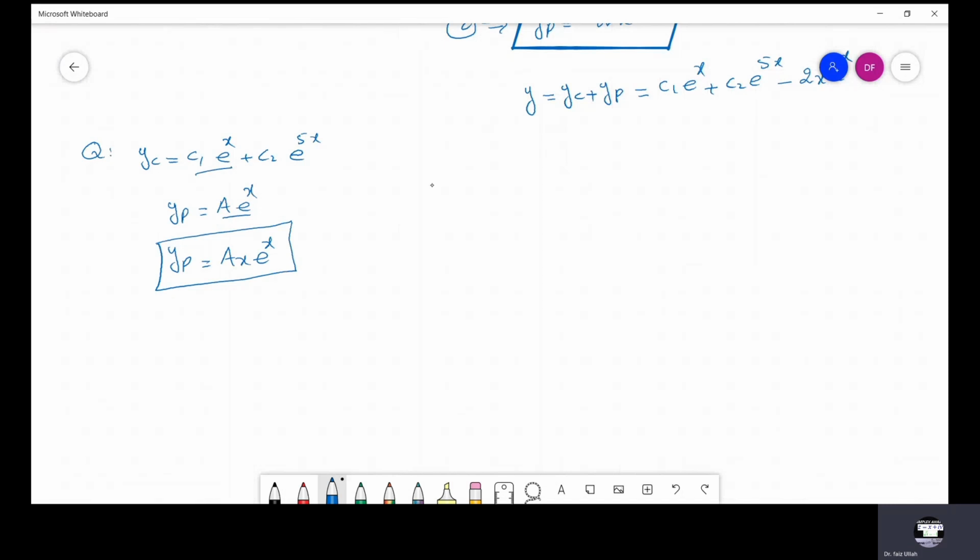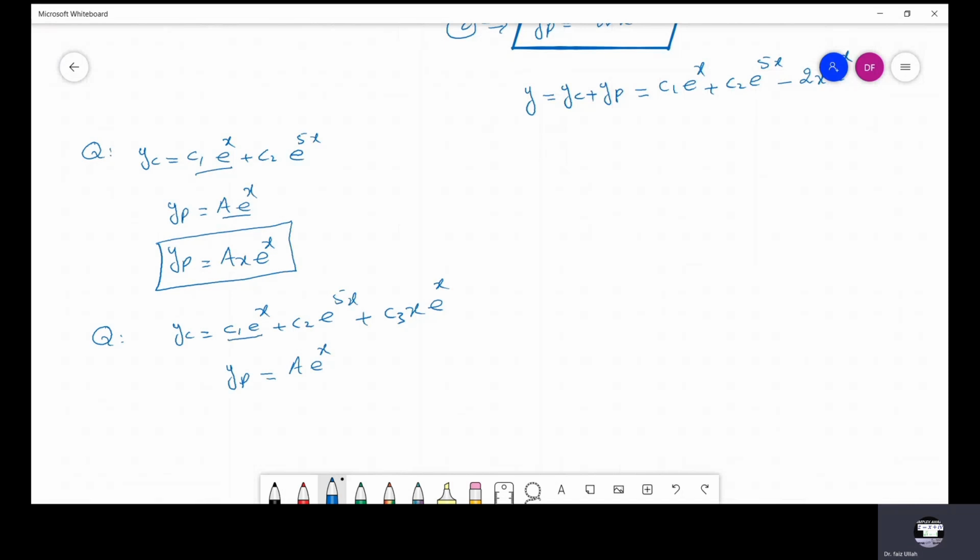Now here I have to explain a little more. If we have some question in which yc is c1 e power x plus c2 e power 5x plus c3x e power x, then just like in this typical situation, yp will be equal to a e power x.